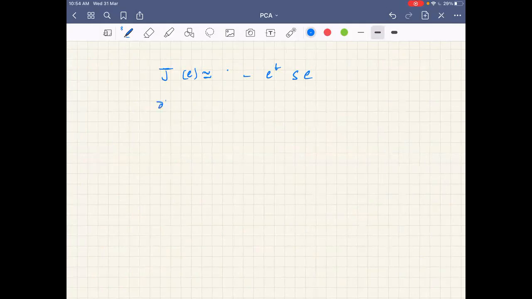I should minimize with respect to E to get the optimal E. Will this give E? That is the question. I have to minimize this cost function to get the best E.